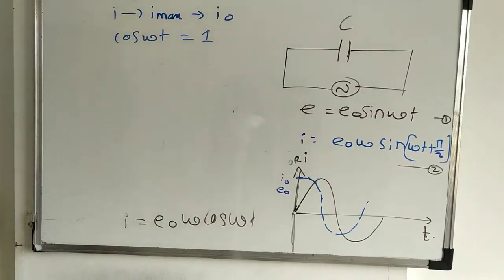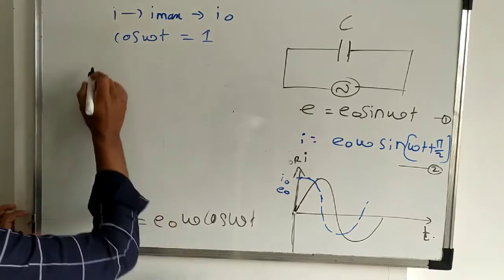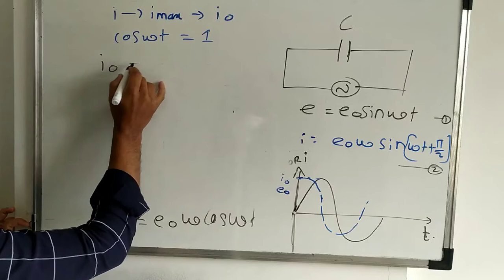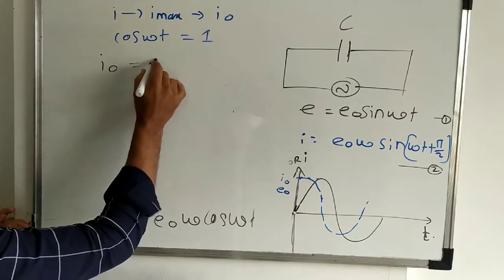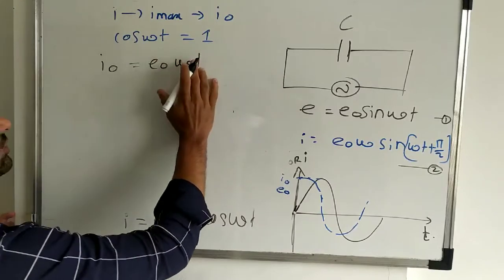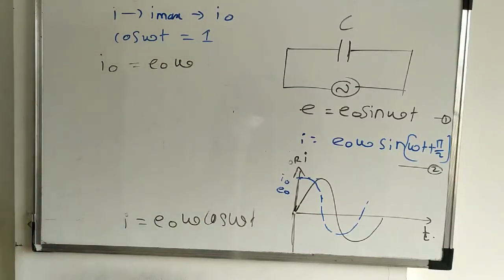We can write the equation for the peak value of current as I naught equals E naught omega.